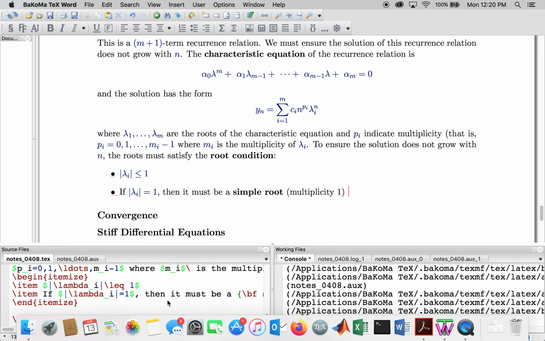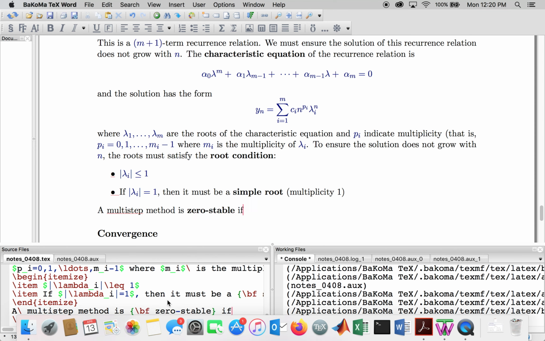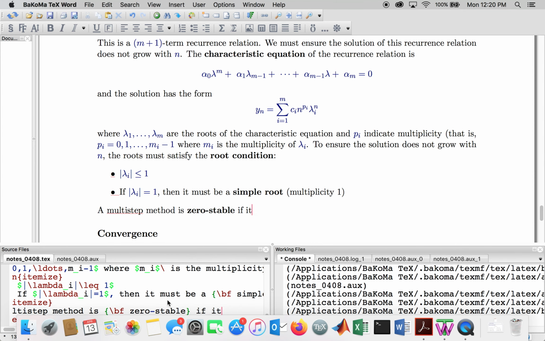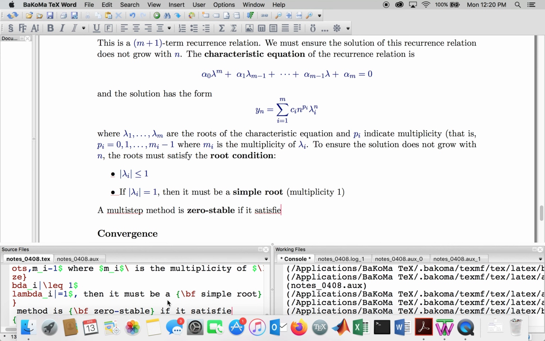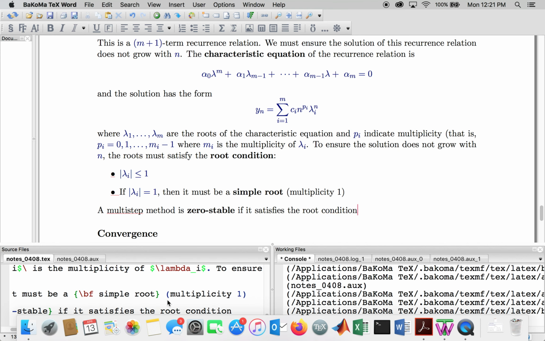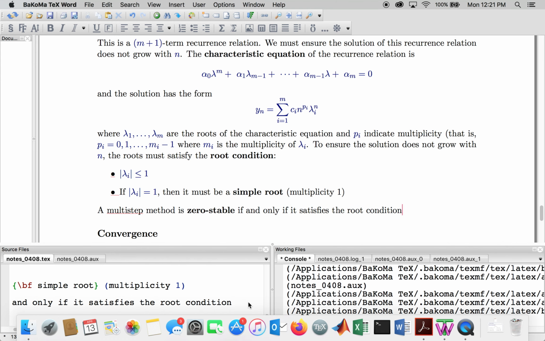So we say a multi-step method is zero stable if it satisfies the root condition. Actually, I can say that it's an if and only if thing. Now, I can go a little further.